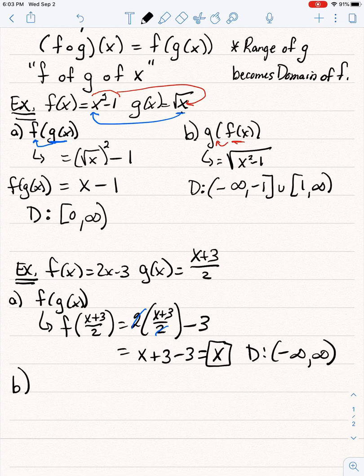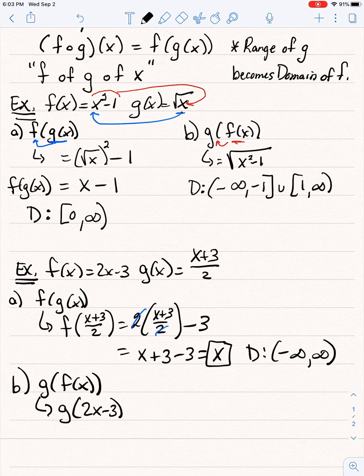Using the same two functions, let's calculate g of f of x. What does that mean? This time we want to do g of 2x minus 3.